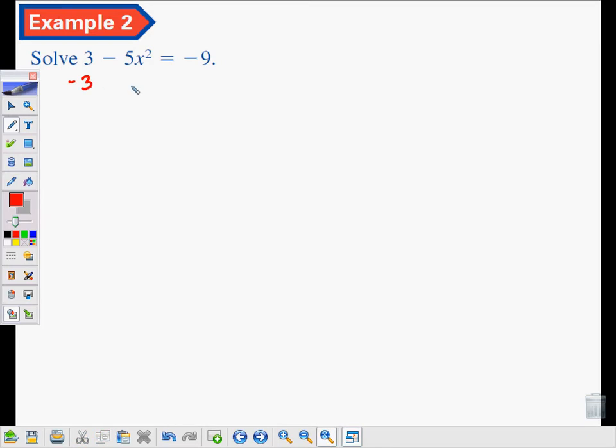So I'm going to take away the 3, leaving me with negative 5x squared equals negative 12. Then I will divide by negative 5. That leaves me with x squared being equal to 12 fifths.